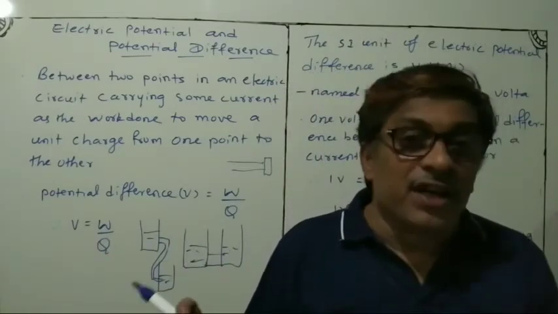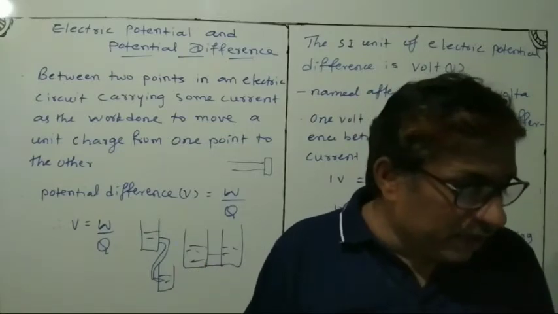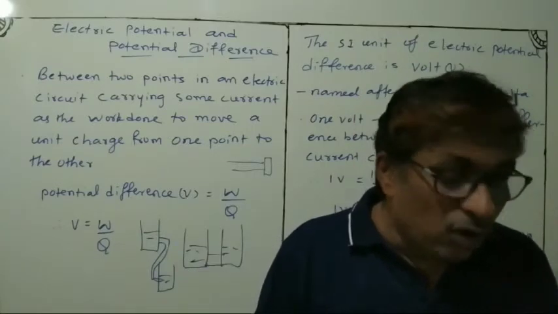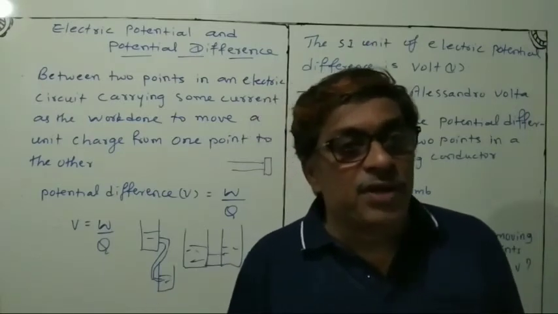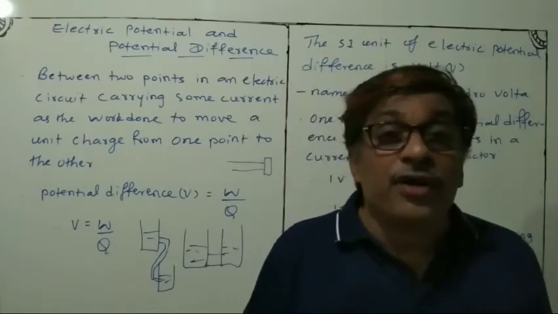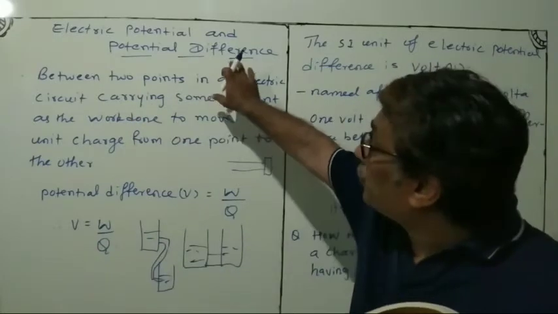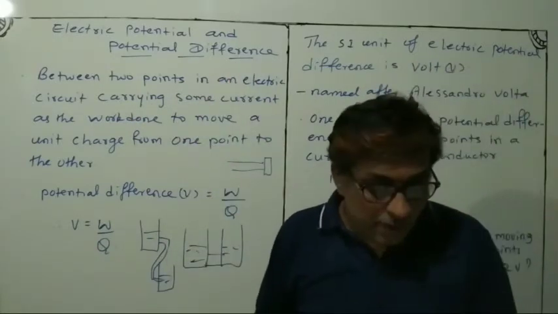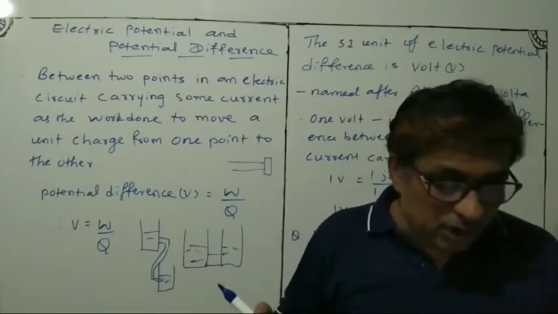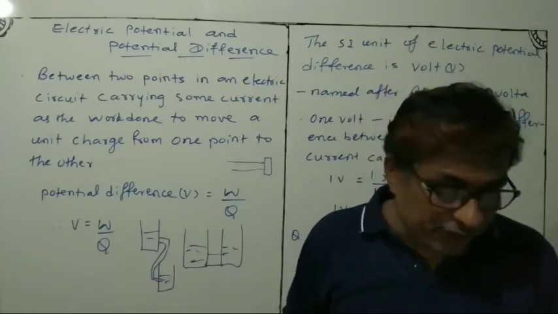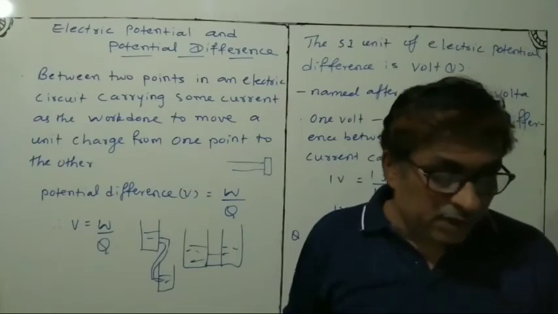The electrons move only if there is a difference of electric pressure. Due to the electric pressure difference, we are saying potential difference. If there is a difference of electric pressure, it is called the potential difference along the conductor.